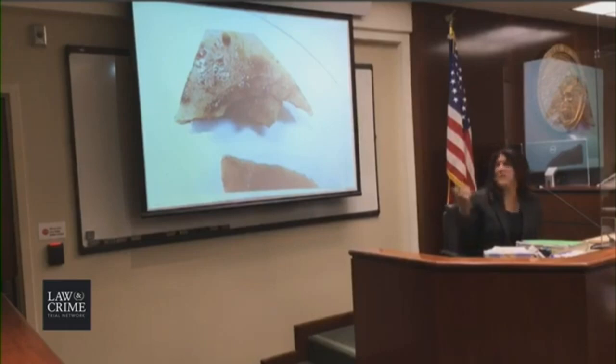In this situation, I was requested to analyze paint from the bat and compare it to black particles that were found embedded in the bone. All right. Now, showing you People's 213.